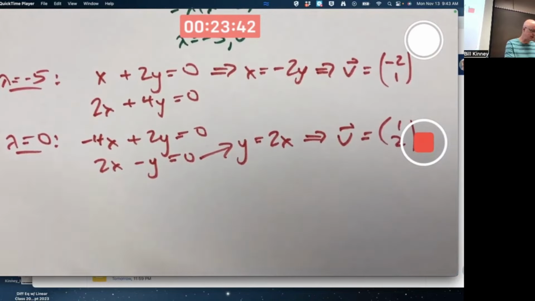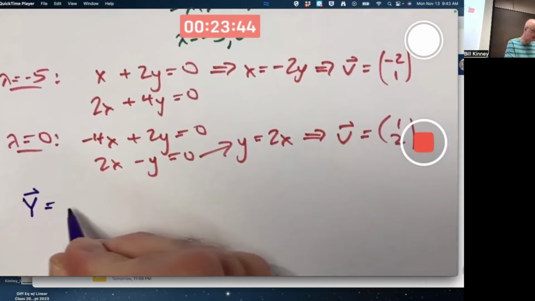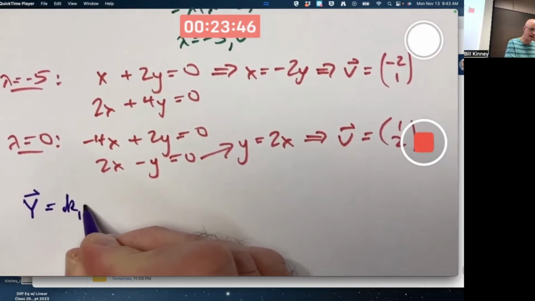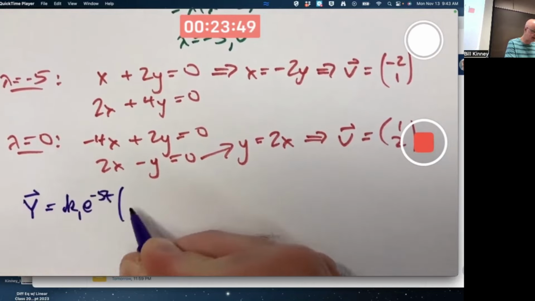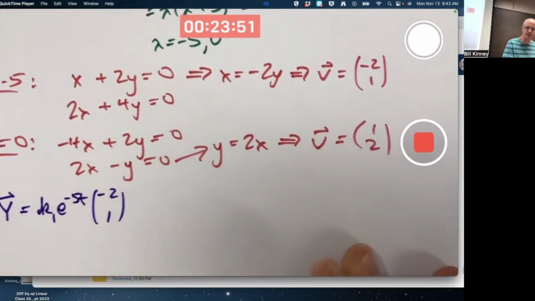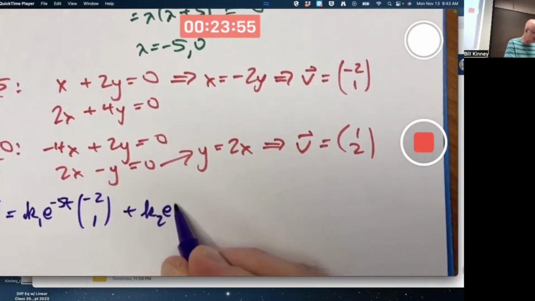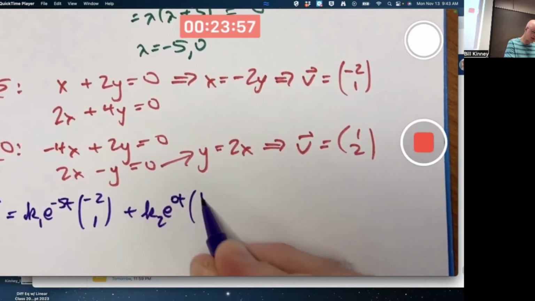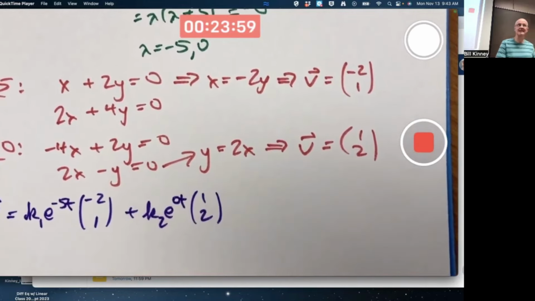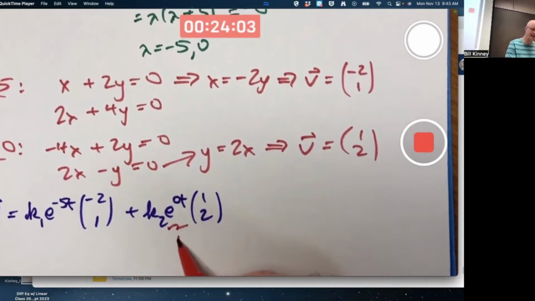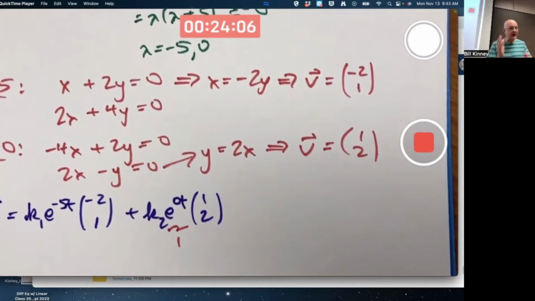What does this mean about the general solution? K1 e to the -5t times (-2, 1). That looks similar to what's usual. Plus K2 e to the 0t, really? Times (1, 2). Yes, it is e to the 0t, and yes, that is equal to 1 no matter what t is. It's okay.